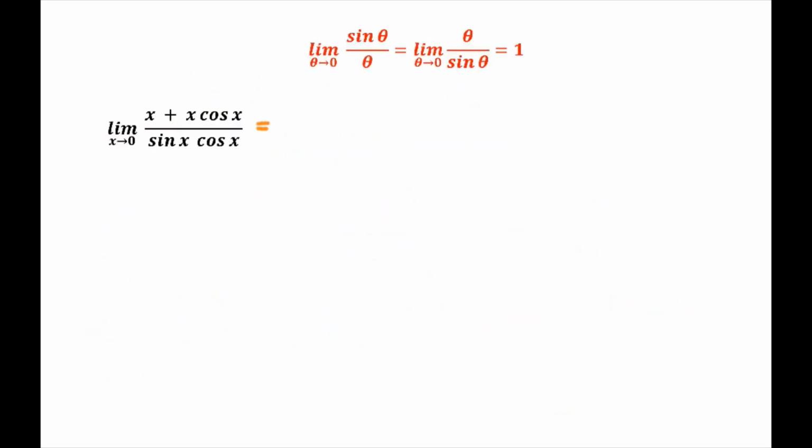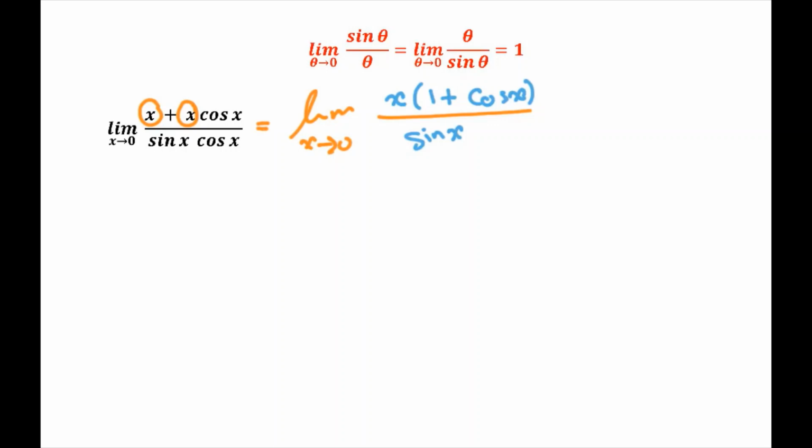Well, the limit as x approaches 0, I could easily take x as a common factor in the numerator. Okay, so it's going to be 1 plus cosine x over sine x cosine x.